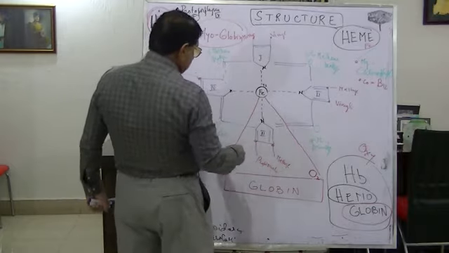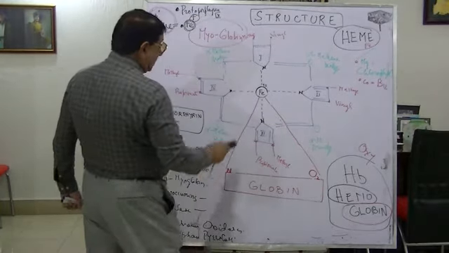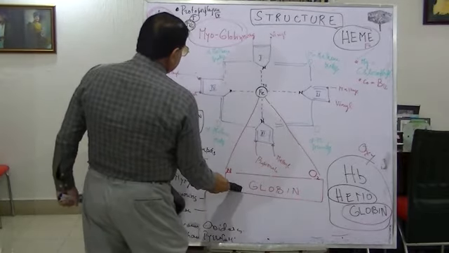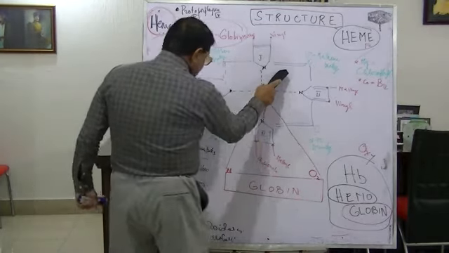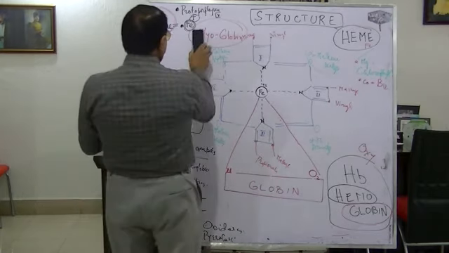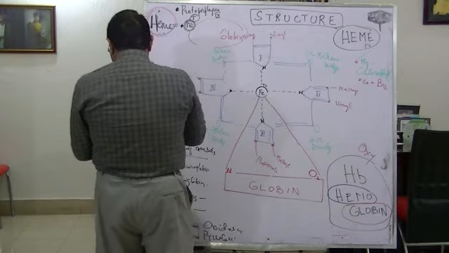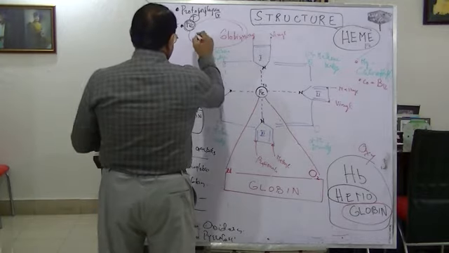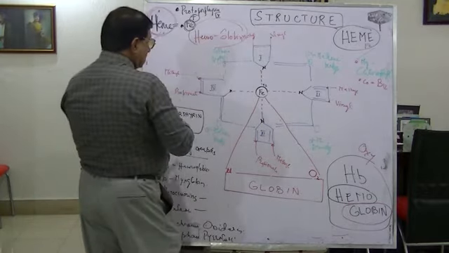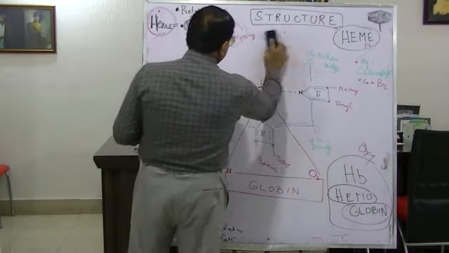They all get together to form heme. And when it is attached to globin, it forms hemoglobin. But if there is one heme, one globin, it is present in myoglobin. But to talk about hemoglobin, it is a tetramer. Now I come into that hemoglobin. The structure of hemoglobin.